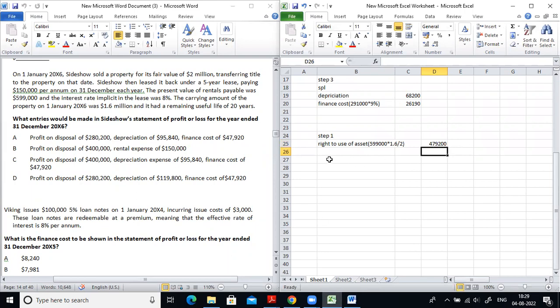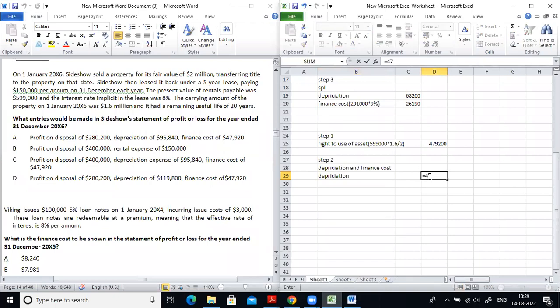Now the step 2, we should compute depreciation and finance cost. On depreciation, I believe you might be aware, the depreciation will be on the total right to use of asset.